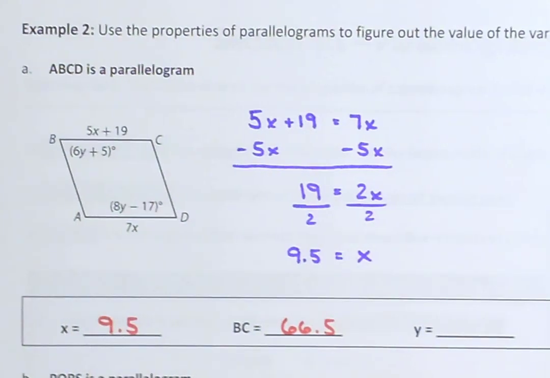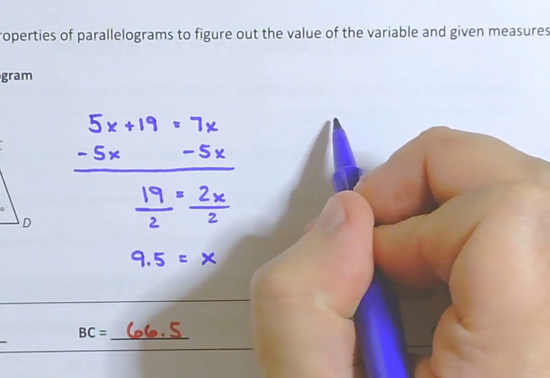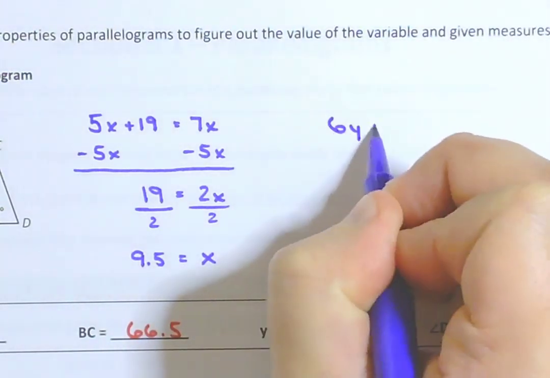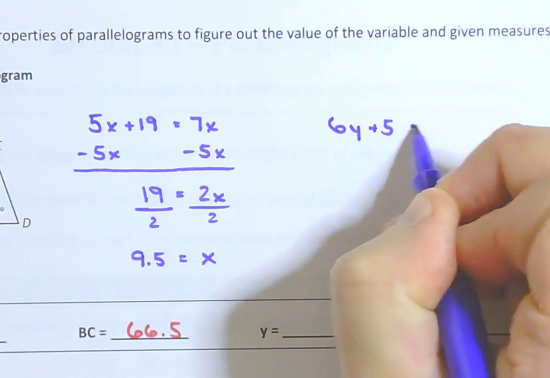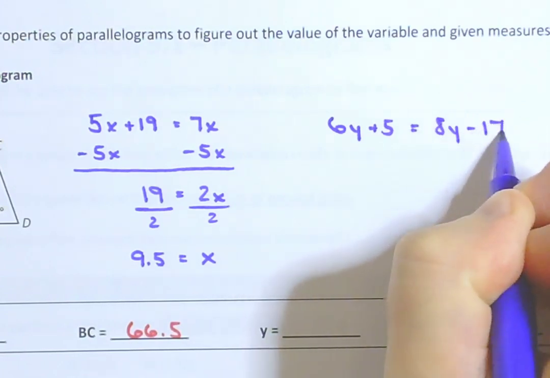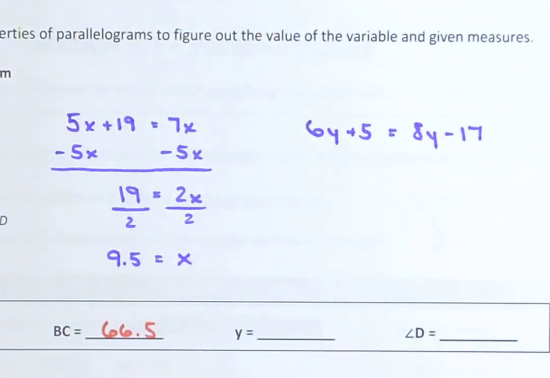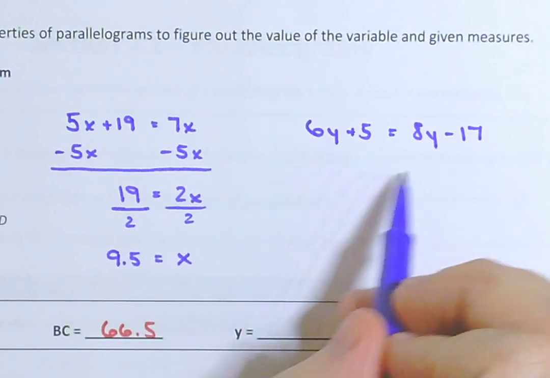So I can set both of these equal to each other. So I'm going to slide over. And what I talked about was the fact that 6y plus 5 is equal to 8y minus 17. Now that I have it set up, we're going to go through and solve. So I have variables on both sides. I'm going to subtract the 6y to the right.